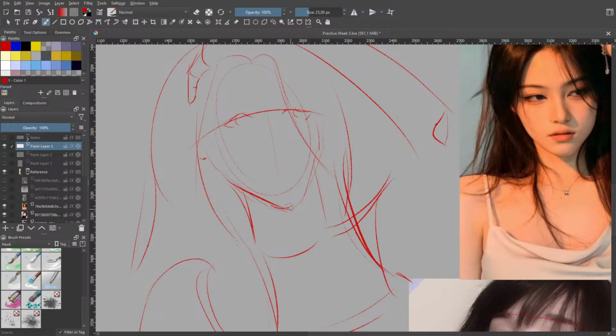Also some of the chin here is a bit interesting, let's say. But that's too far. Let's go something like maybe here. Yeah. Yes.